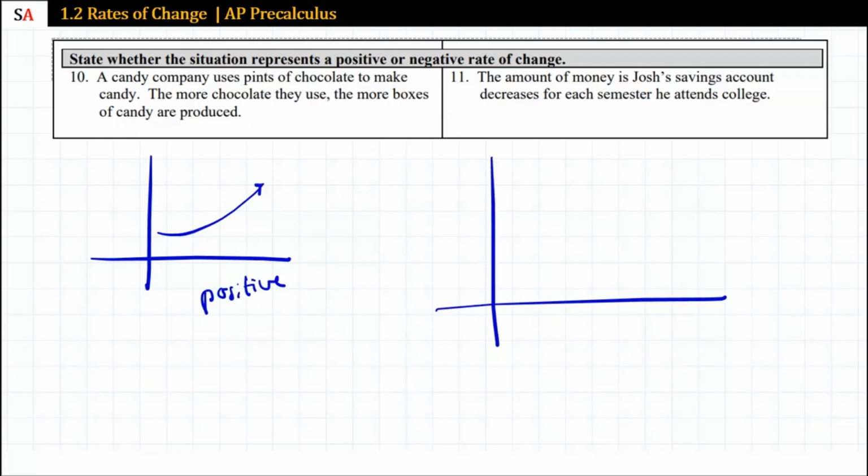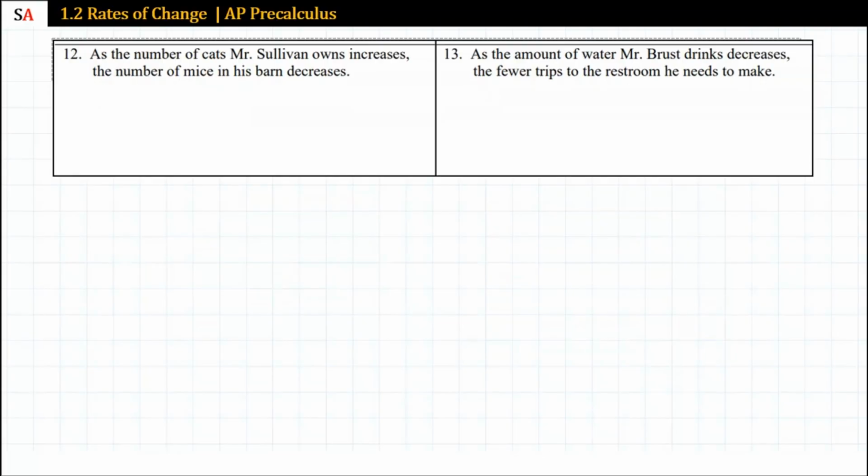You can here see the amount of money in Josh's savings account decreases for each semester he attends college. So here the rate of change decreases. As the number of cats Mr. Sullivan owns increases, the number of mice in his barn decreases, right?